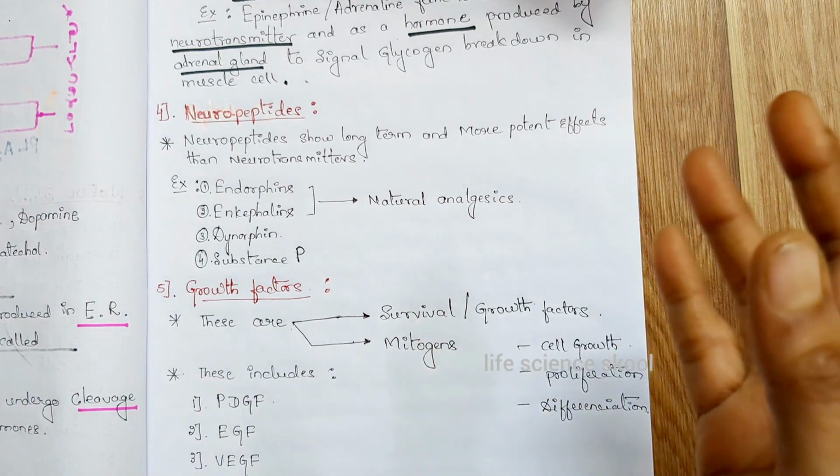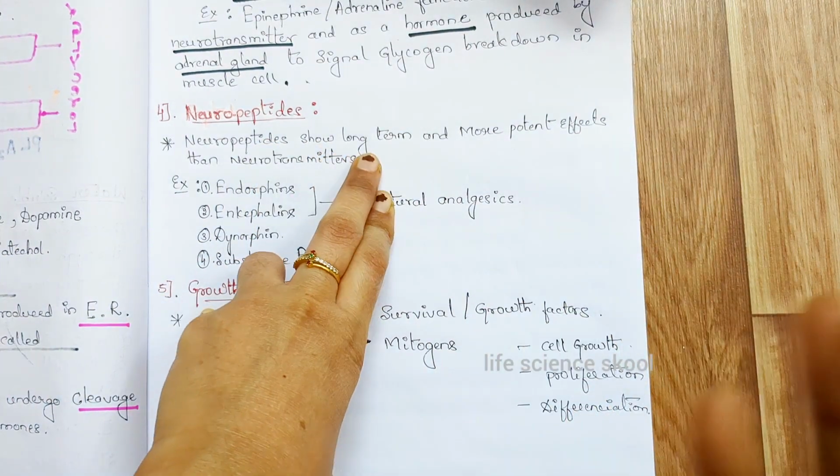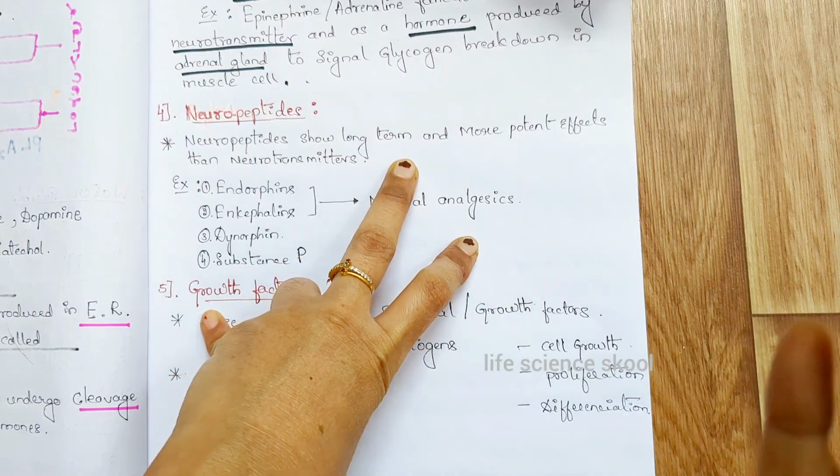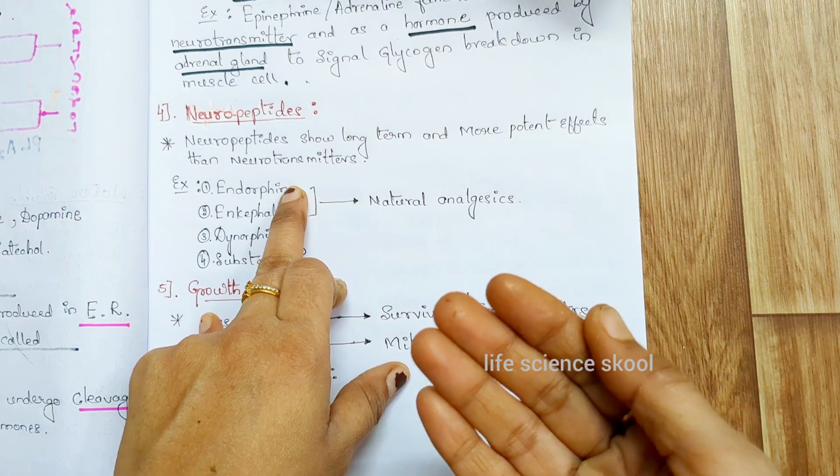to communicate with each other, and these neuropeptides show longer-term and more potent effects than the neurotransmitters.